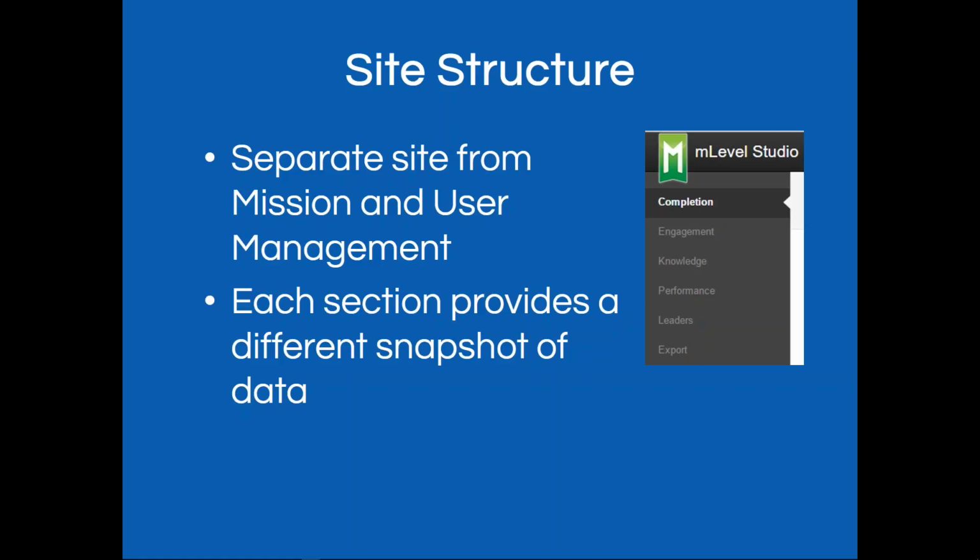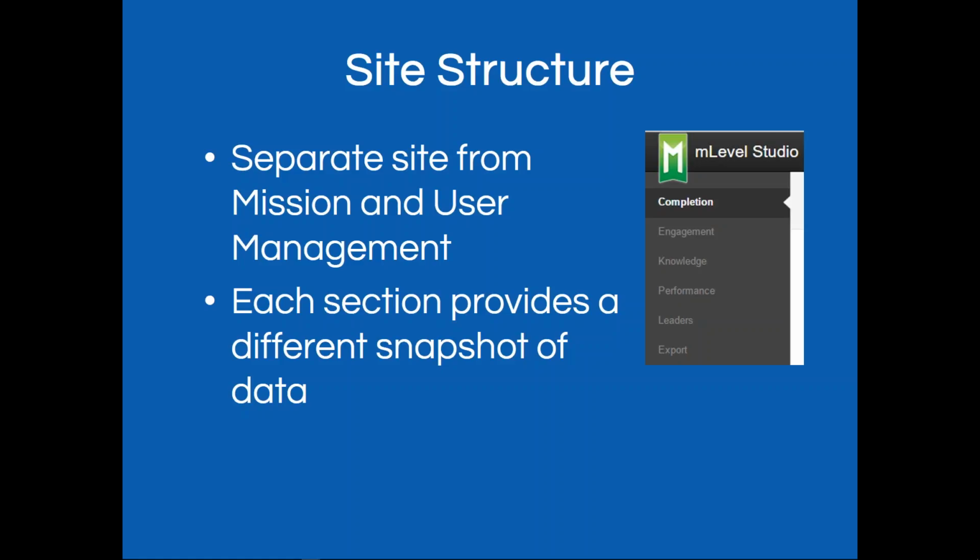Okay, so that being said, one of the things that we did when we built out this analytics site is we broke it out into several sections. The completion section, which is really just an overview of how many people have actually completed things. An engagement section, which really is what it says, which is trying to understand how engaged people are in the different missions.